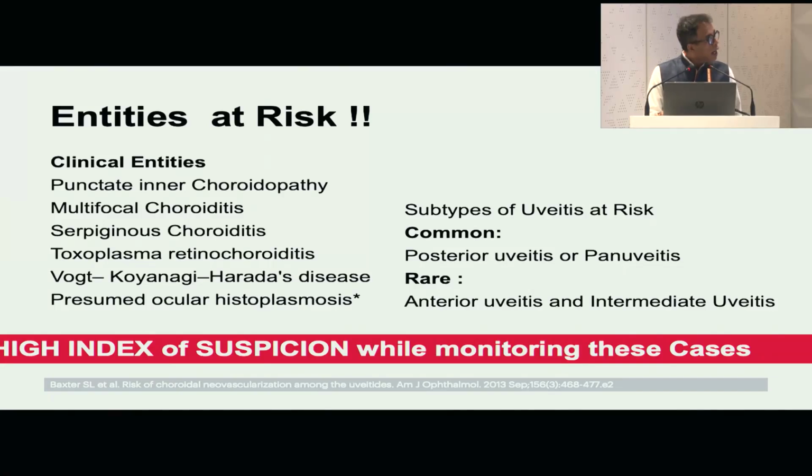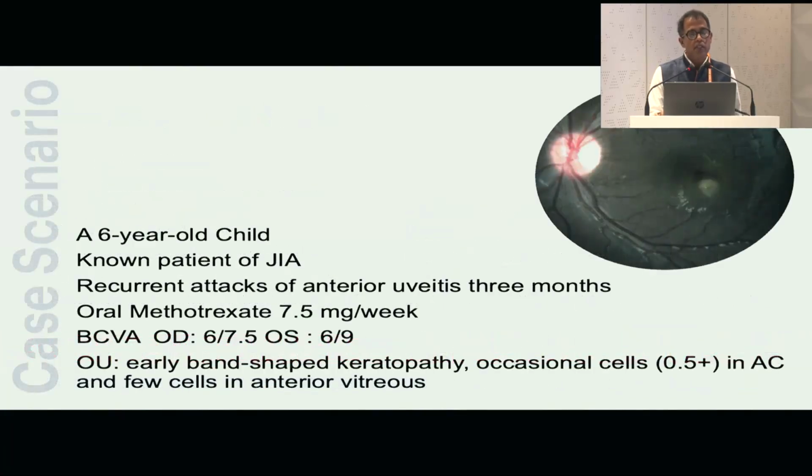As I told you, anterior uveitis is rarely associated with CNVM. You see this 6-year-old child, a known patient of JIA, who had a recurrent attack of anterior uveitis, and when he presented to us, the best-corrected visual acuity was 6/7.5 in the right eye and 6/9 in the left eye.